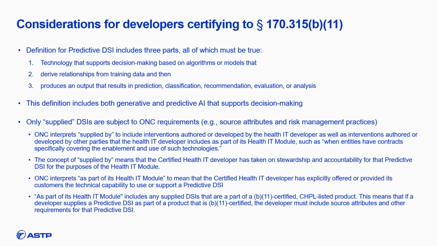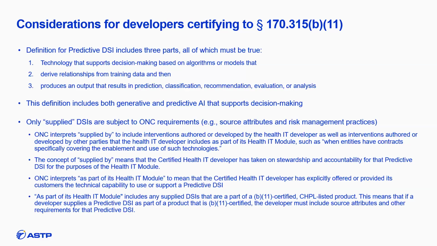These include interventions that are authored or developed by the developer of certified health IT, as well as those technologies that are authored or developed by other parties that the health IT developer includes as part of its health IT module, such as, quote, when entities have contracts specifically covering the enablement and use of such technologies. This concept of supplied by also means that the certified health IT developer has taken on stewardship and accountability for the predictive DSI for the purposes of their health IT module.